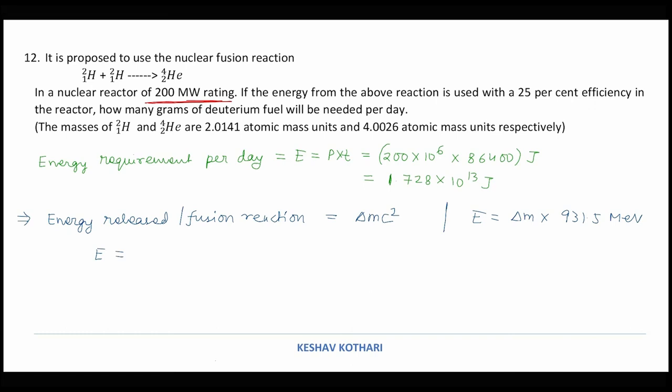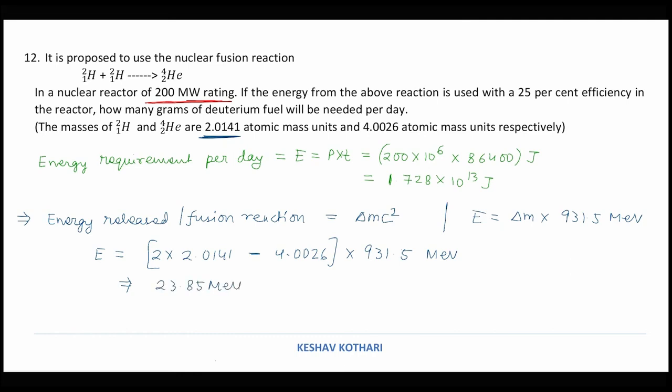To calculate the mass defect, I write twice the mass of deuterium atom, that is 2 into 2.0141, and then subtract the value of 4.0026. This is the value of delta M, and we multiply it by 931.5 to obtain the value in mega electron volt. In the next step, we can convert it into joule. Here we obtain the value as 23.85 mega electron volt.